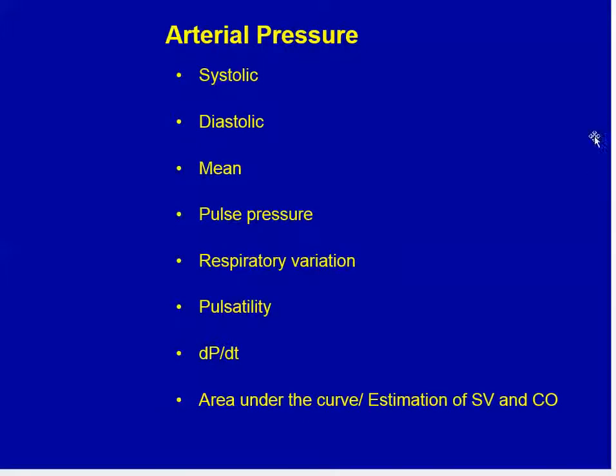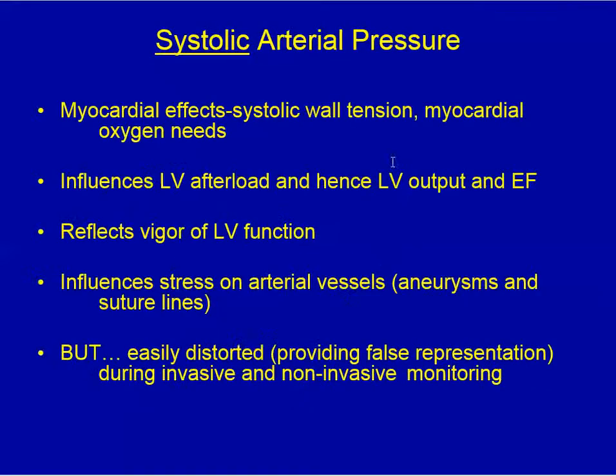Now, we speak of arterial pressure as though it's a single number, but in fact there are many different components to it, and each provides different information. The systolic pressure reflects the myocardial effect, systolic wall tension and myocardial oxygen needs. It influences left ventricular afterload and hence LV output and ejection fraction.